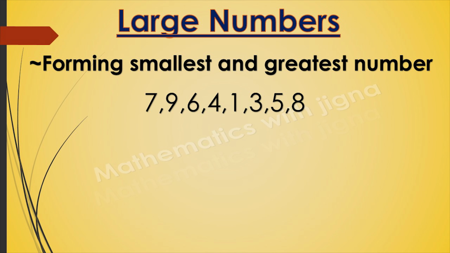Let's write the greatest and the smallest 8-digit numbers without repeating a digit using the given digits. First, arrange the given digits 7, 9, 6, 4, 1, 3, 5 and 8 in descending order.